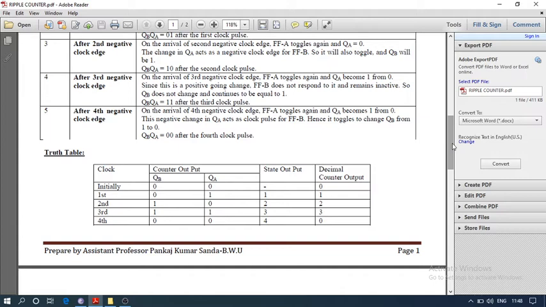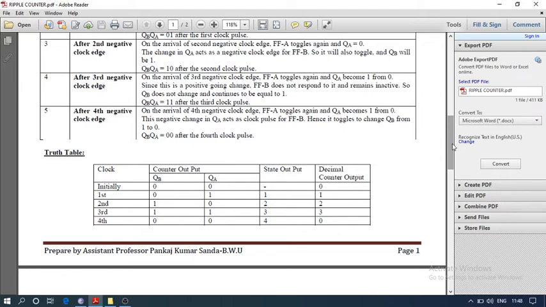So this will count 1. Then after the second clock QA will change, and by QA changing, QB will also change because of the negative edge trigger. So 1 0, that is 2, then after that 1 1, that is 3, and after the fourth clock, from 1 1 to 0 0, that is 4.